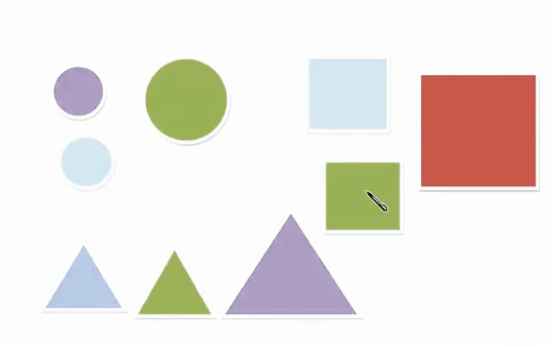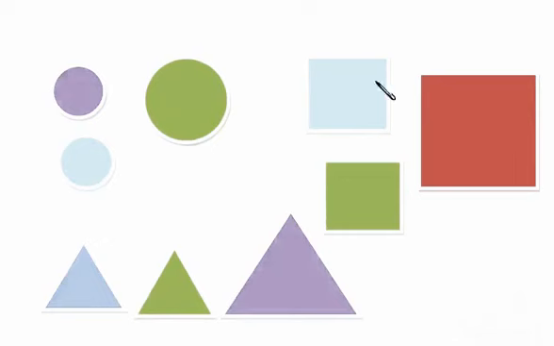Similarly, these two squares are congruent to each other because one square can be superimposed on the other. But if I compare these two squares, the side of this square is clearly bigger. That means these two squares will be similar but not congruent.